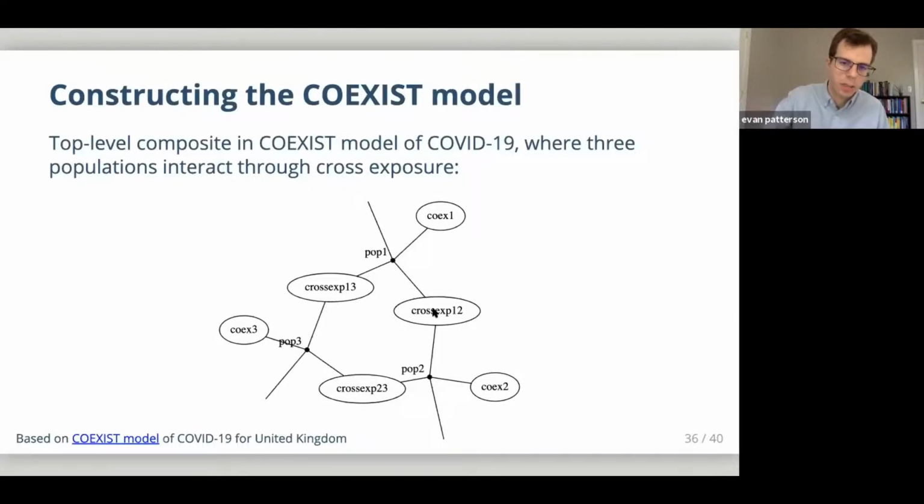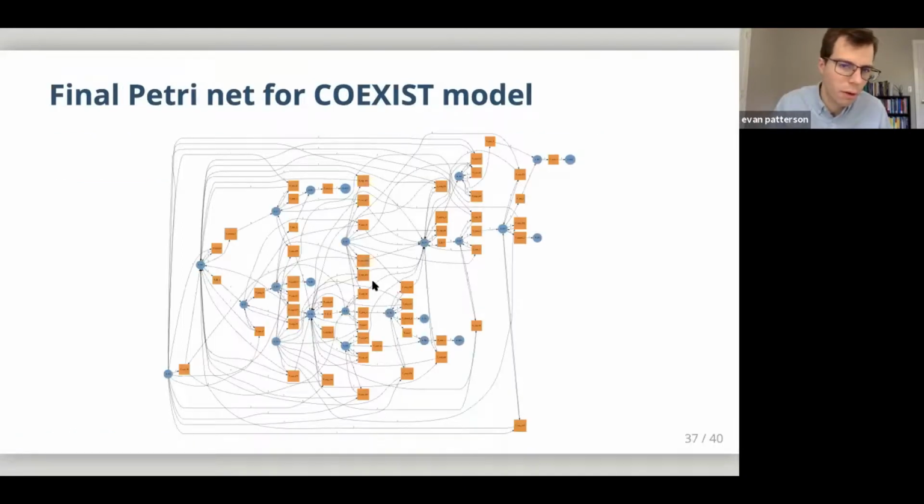But the upshot is, at the end of the day, you end up with an enormous Petri net that you would almost certainly not want to construct by hand. And so complex models like this illustrate the importance of a compositional approach to modeling, and UWDs and their algebras provide a particularly ergonomic way of doing that.